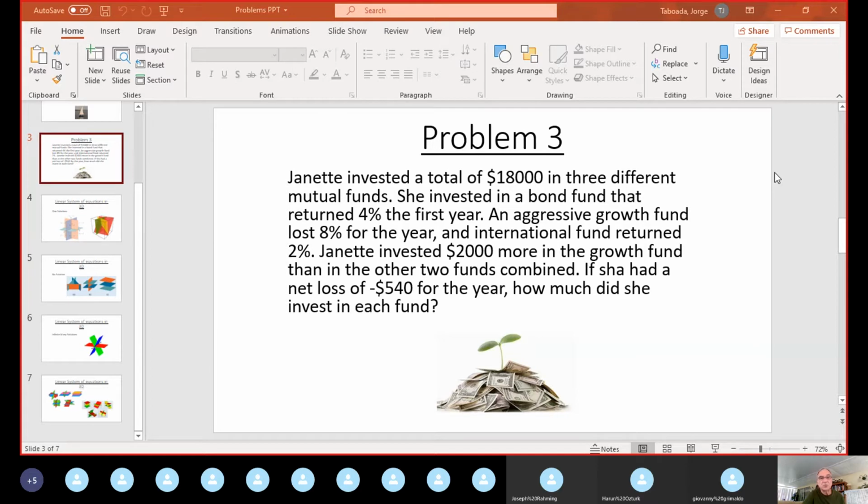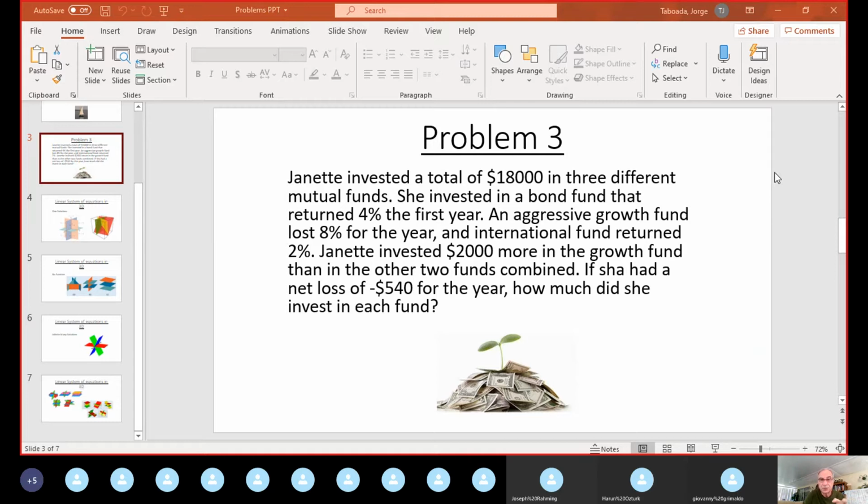An aggressive growth fund, loss, that means minus, negative 8% for 1 year. And the international fund is the name of this account, returning 2%. Now, Janet invested $2,000 more in the growth fund than in the other funds combined.